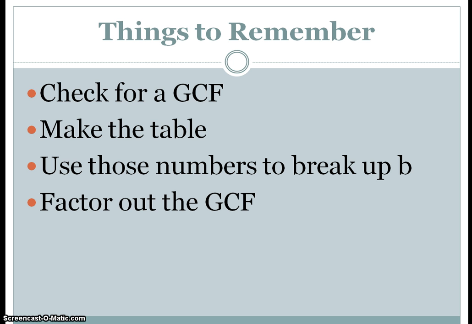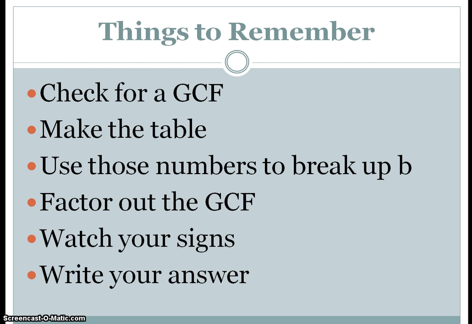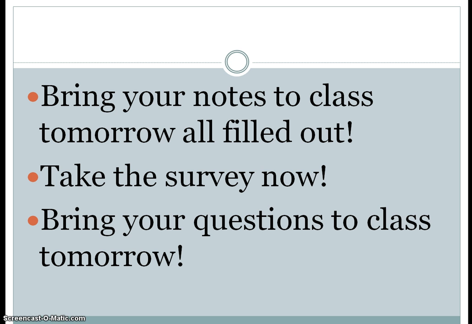At that point, you split it in half, and on each side you factor out the greatest common factor. And please, most importantly, you've got to watch your signs as always when you're doing these problems. Again, on the right hand side, whatever the sign is of the first one, that's the sign of the thing that you're going to be pulling out. Make sure you're writing your answer as well.